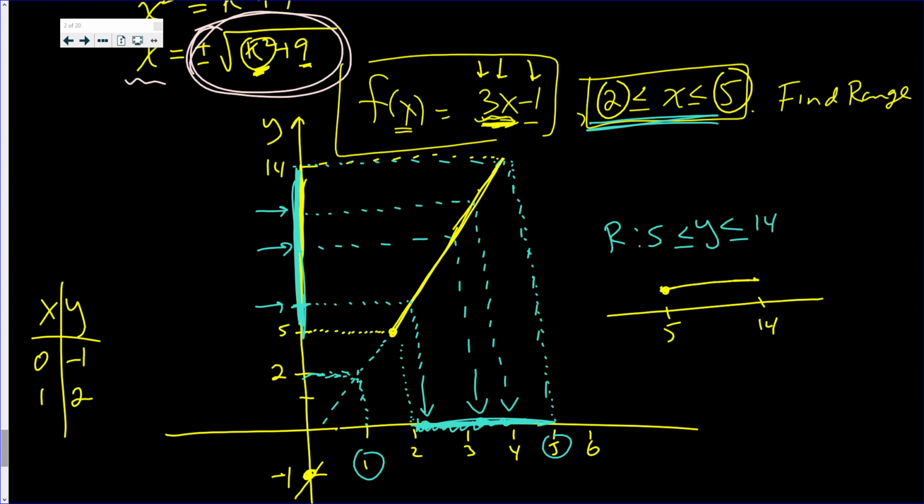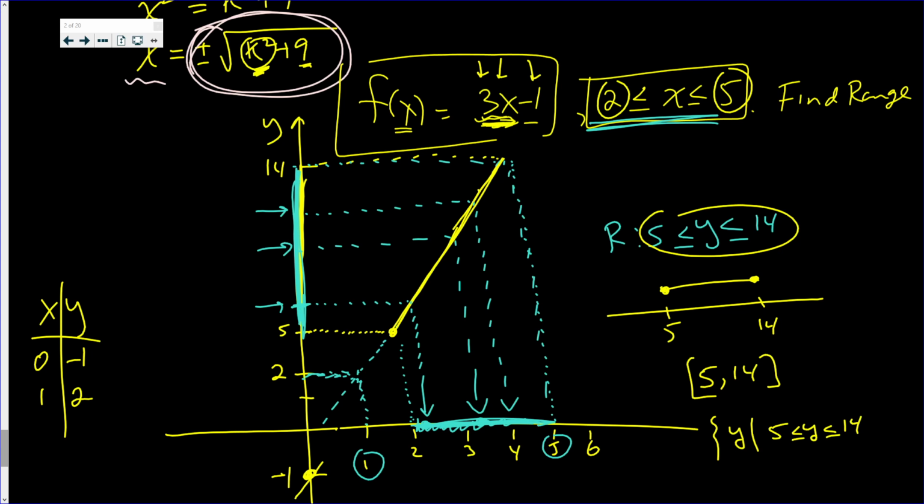It can equal at both endpoints. Interval notation, 5 to 14 can equal both endpoints. Set builder notation is a set of all y such that this is true, such that y is in between 5 and 14.